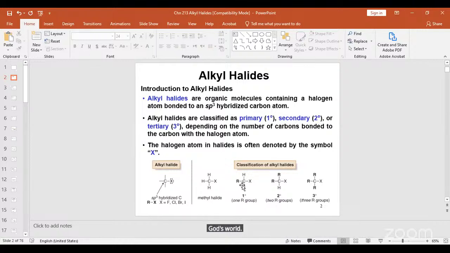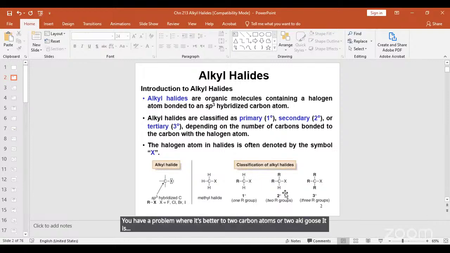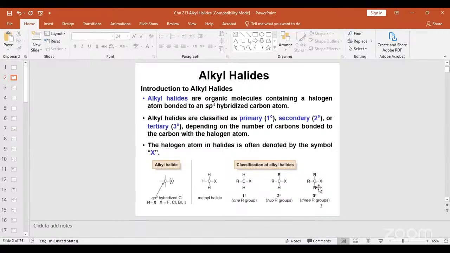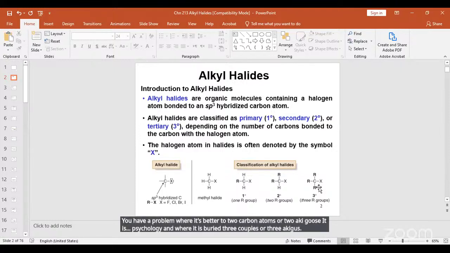You can as well come this way, that when your carbon bearing the halogen is bonded to only one carbon atom or alkyl group, you have a primary. When it's bonded to two carbon atoms or two alkyl groups, it is secondary. And when it is bonded to three carbons or three alkyl groups, then it is tertiary.